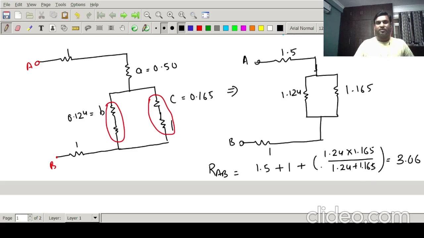So the RAB value equal to 3.06. So now you got the method, or you can apply any other method, dividing any other delta to star or any star to delta, to find out the answer. But remember, the answer will always be the same.